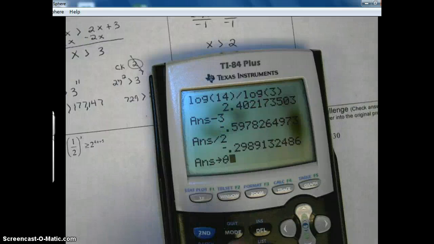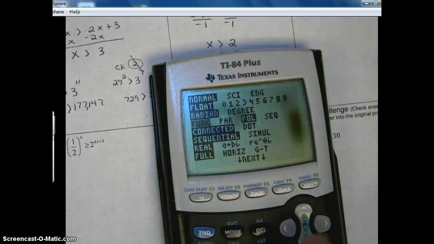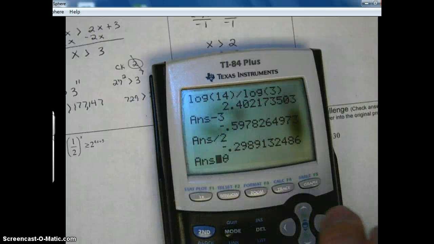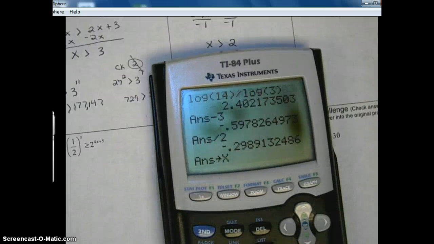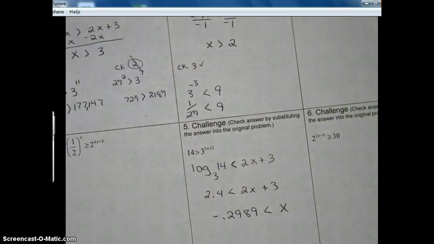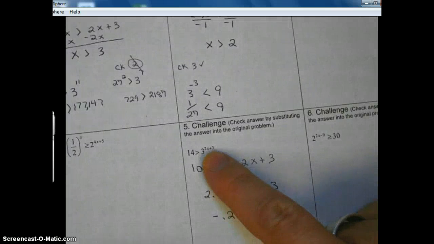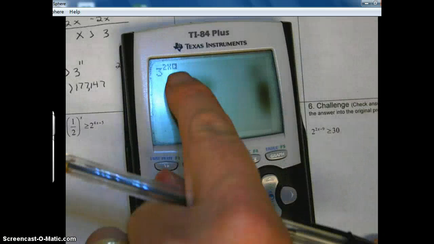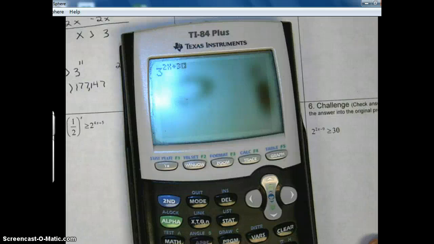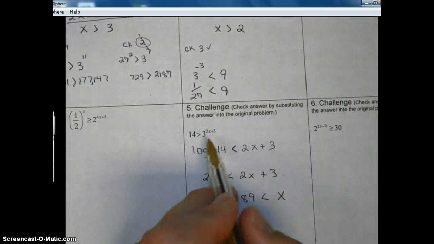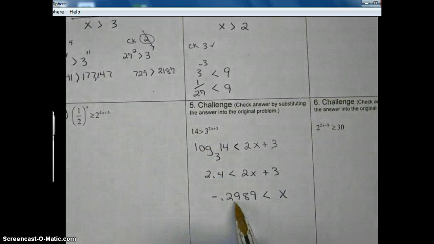Hold on one second. Alright, let's try this again. So I'm going to store it in X. Okay, clear it. So 3, I'm going to plug it in here. 3 to the 2x plus 3. So 3 caret 2x. Now remember, the value of x is our answer, plus 3. So 14. And 14. So our answer is correct.